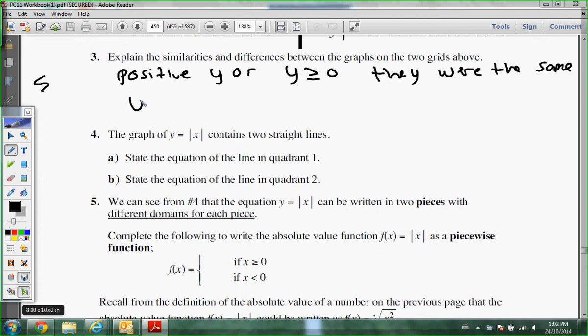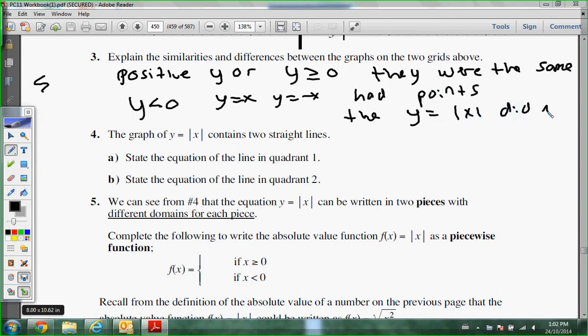When y was less than 0, the y equals x, y equals negative x had points. The y equals absolute value x did not. So that was the difference. The graph of y equals absolute value x contains two straight lines connected. What are they? We know they're y equals x and y equals negative x.